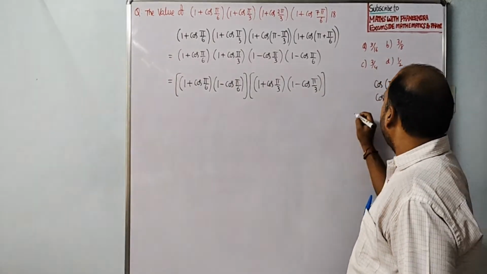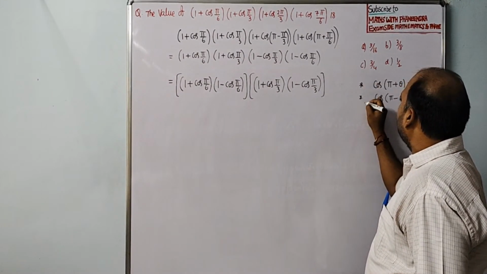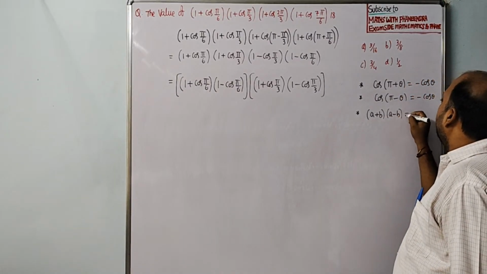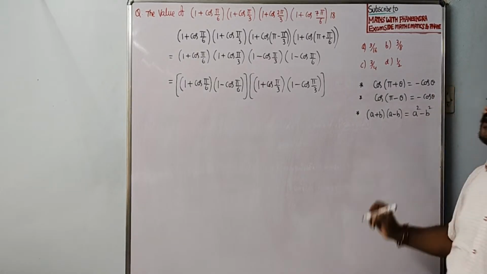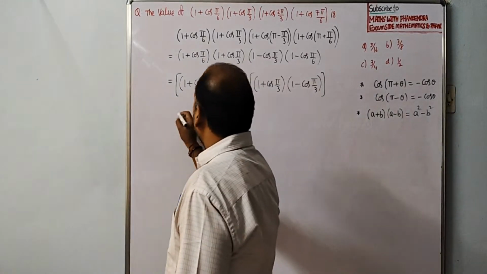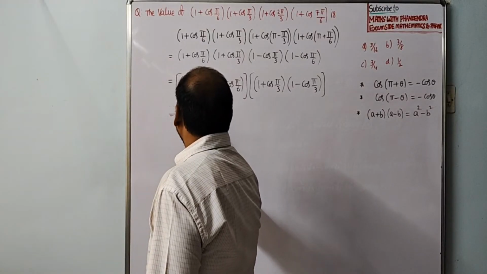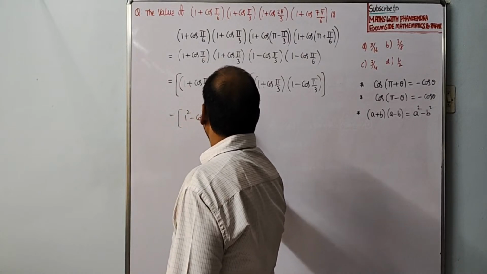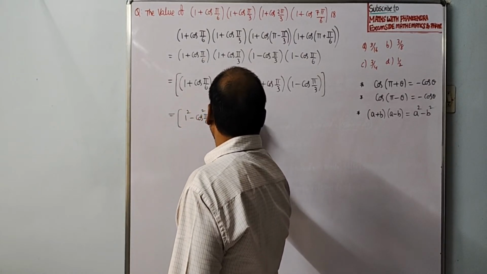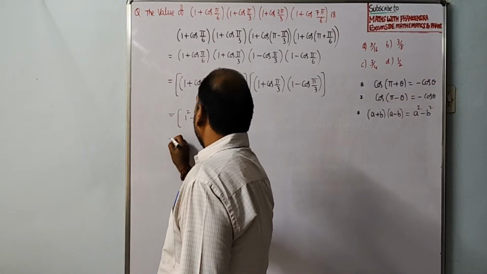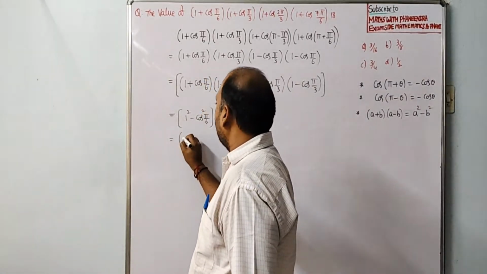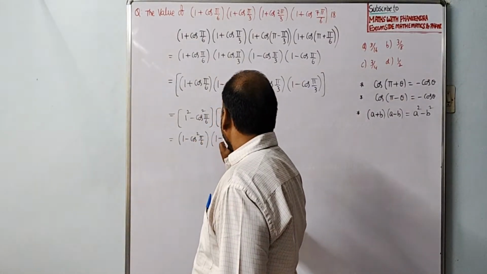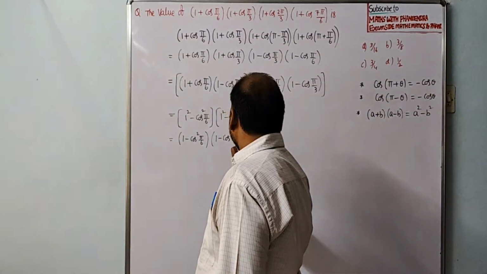For these two, we are going to apply the formula (a plus b)(a minus b) equals a square minus b square. So it becomes 1 square minus cos square pi by 6 into 1 square minus cos square pi by 3, which is 1 minus cos square pi by 6 into 1 minus cos square pi by 3.